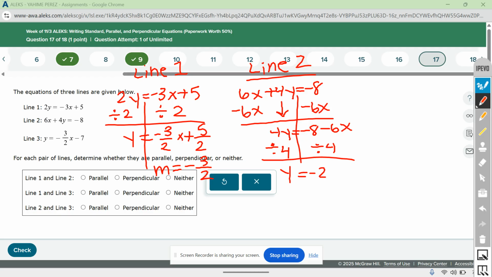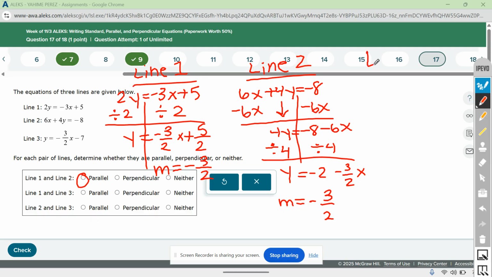And negative 6 divided by 4 is negative 6 over 4, but simplifies to 3 over 2. And so our slope here, because now this is slope-intercept form, the number mushed against the x is negative 3 over 2. Okay, so now we have parallel slopes. Line 1 and 2 are parallel.